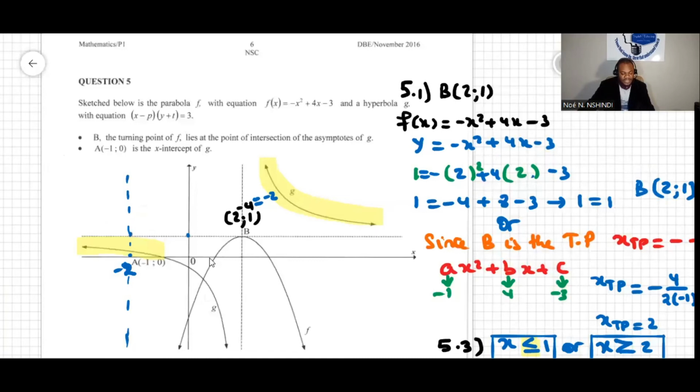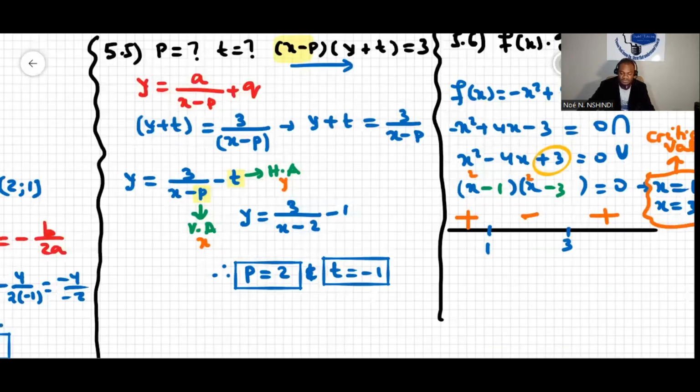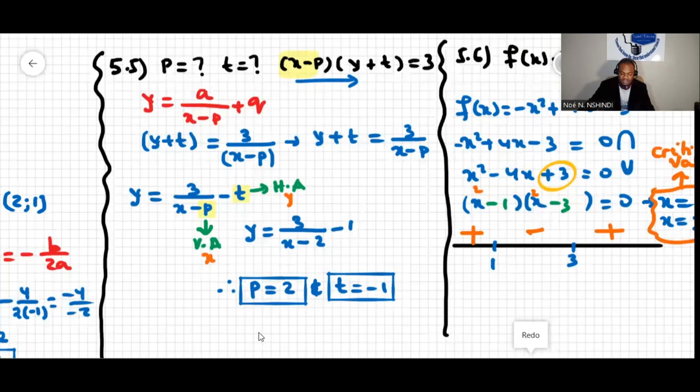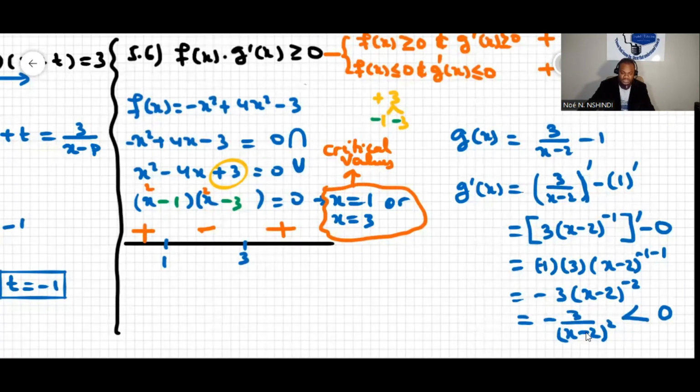Here we find the values 1 and 3. For x less than 1, and x more than 3, f of x will be negative. So negative times this negative will make positive.